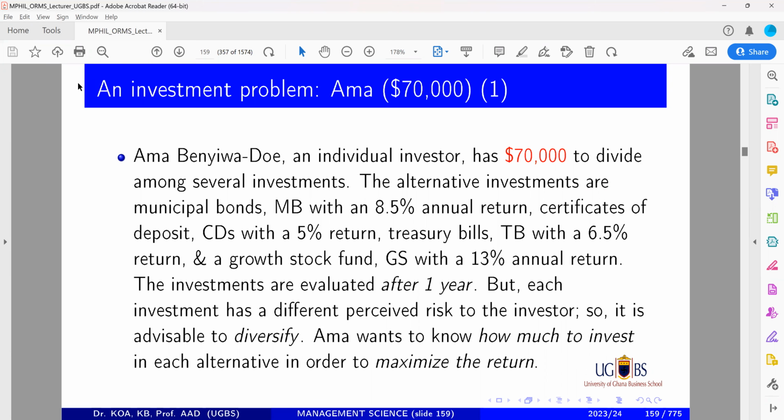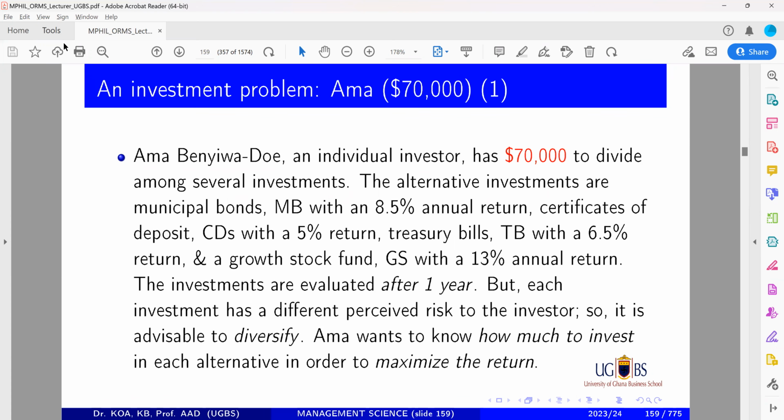So let me ask a few things to be sure that we're on the right track. The question says, what are the decision variables? You see, don't tell me because you've learned it, but tell me because you are teaching it. What is Amma supposed to decide on?